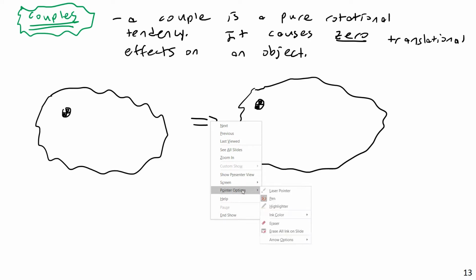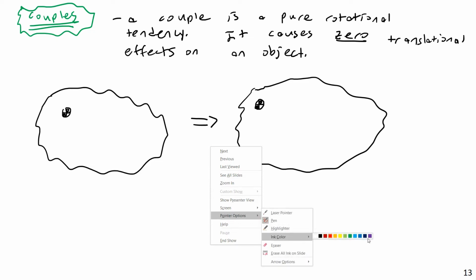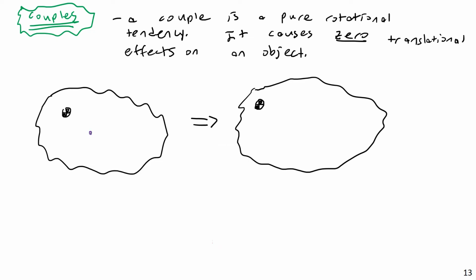Let's say I originally had a force, let's call this force F. Actually, let me label this in different colors. Let's say I have point A and a different point B, way over here, for example. And then A, same, and B.